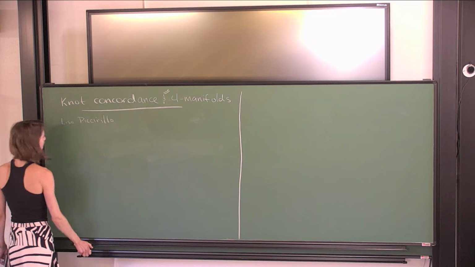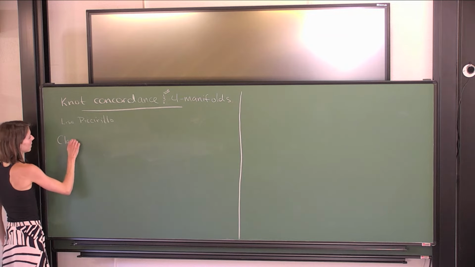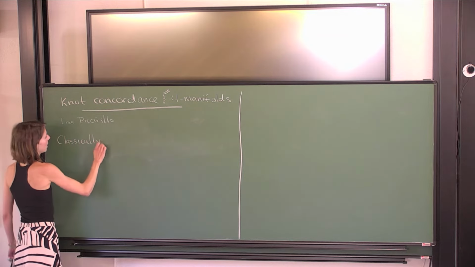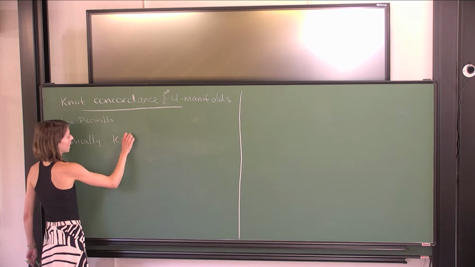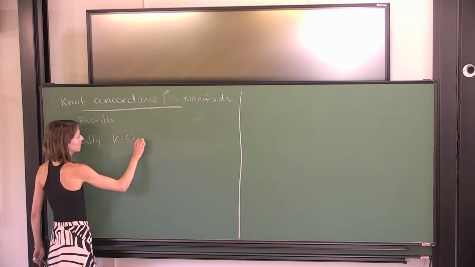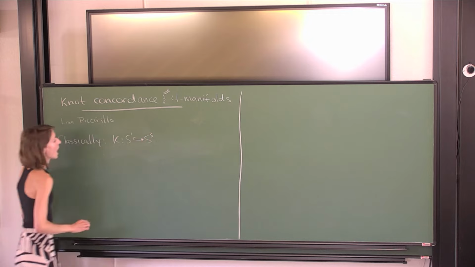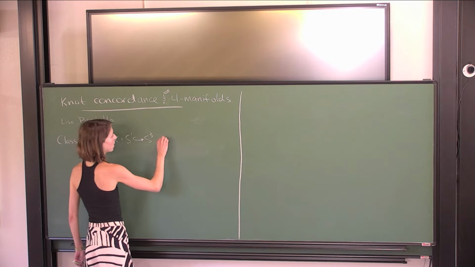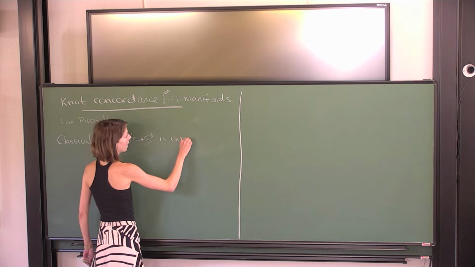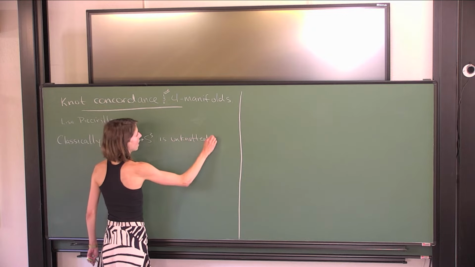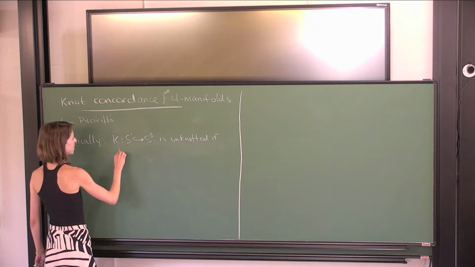Let me start by reminding you that in classical knot theory, knots are always going to be S1s embedded in S3. We're going to say that a knot is trivial, or the unknot, if it bounds a disk.